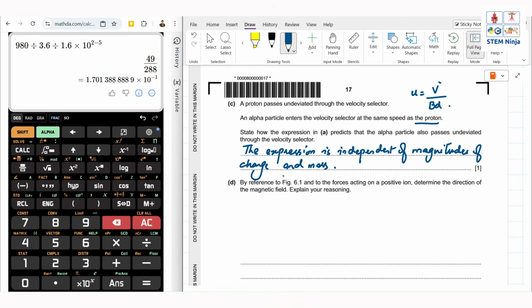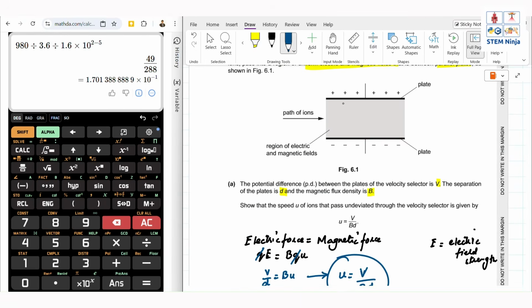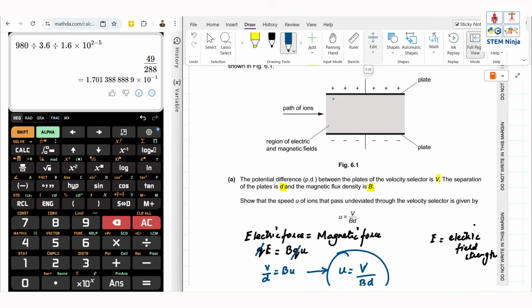By reference to figure 6.1 and to the forces acting on a positive ion, determine the direction of the magnetic field. So we go back over here. These are the paths of ions. Now, the electric force is acting downwards.